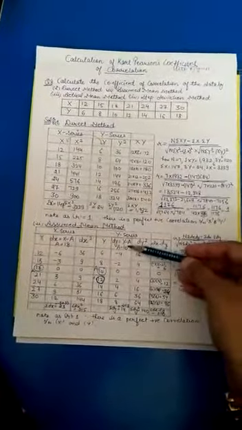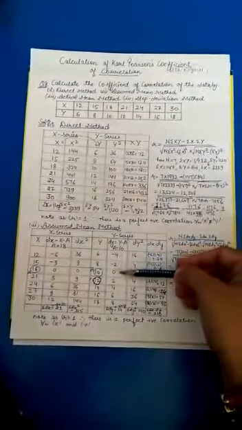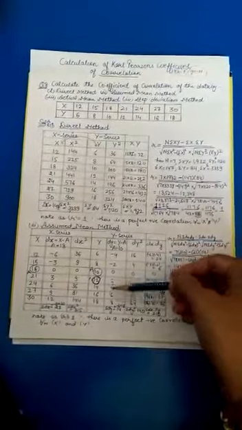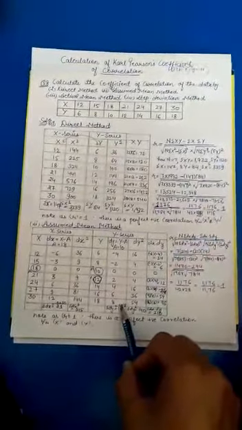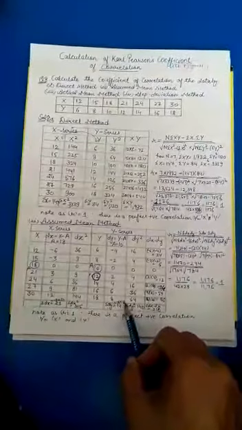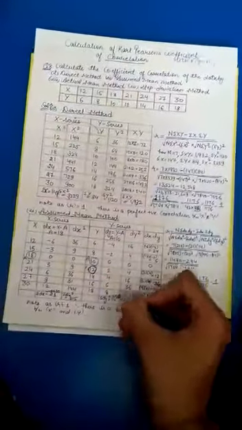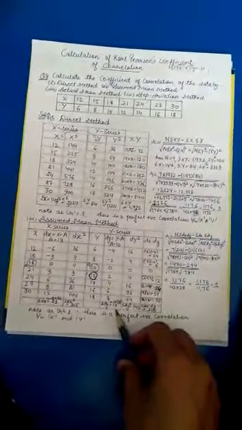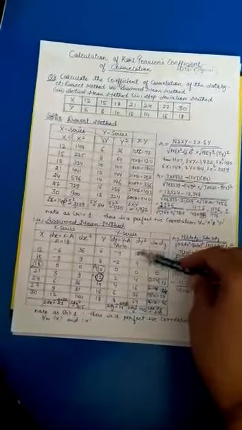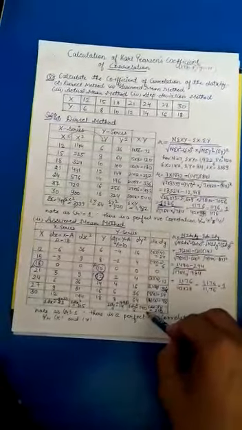So after deviation you will get minus 4, minus 2, 0, 2, 4, 6, 8, and this is your sigma dy, that is minus 6 plus 20, you will get 14, and then your sigma dy square, you will do the square of all these values, and you will get 140.